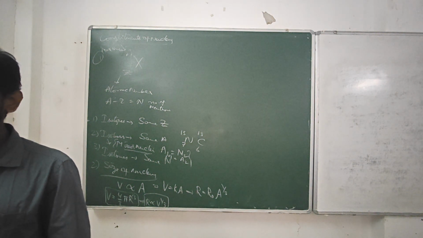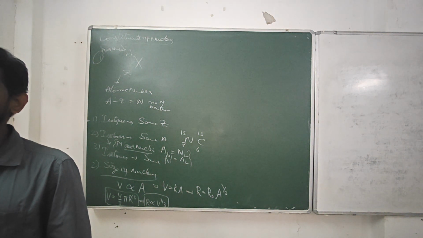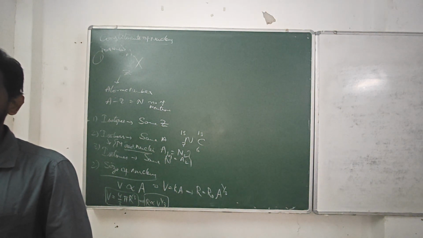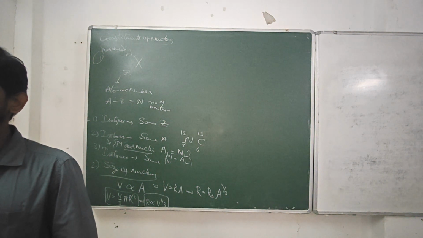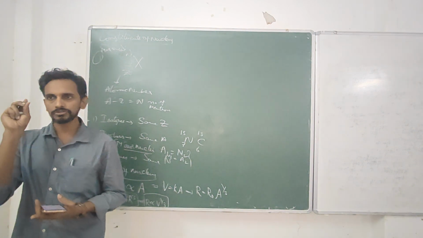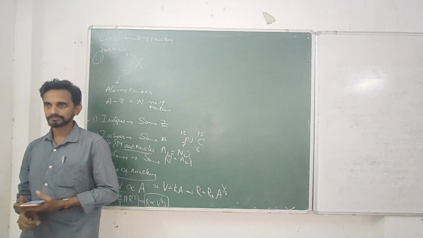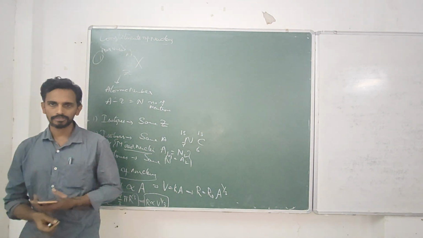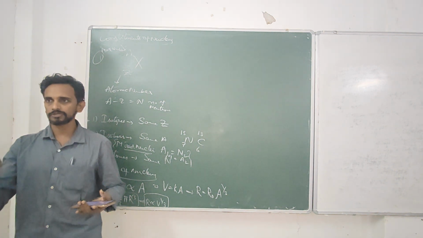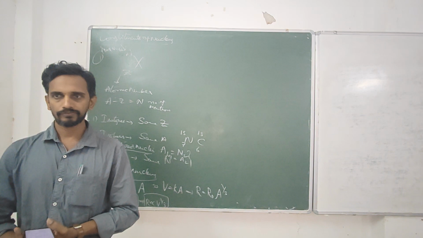The separation between the nuclear particles is constant. So even if you add more and more nucleons, the separation should remain the same. Separation between any two consecutive nucleons should remain the same. Then only the volume increases proportionally with the number of nucleons.